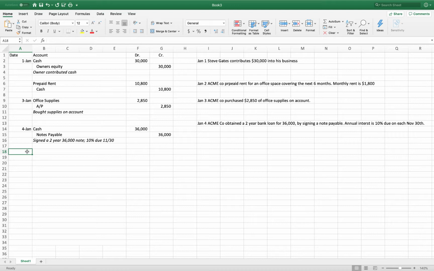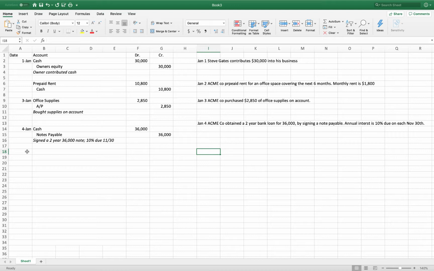So what's the next transaction that I could possibly have? Well, more often than not, there's always going to be a business that's going to buy assets, right? That asset could be equipment, it could be inventory, it could be supplies, it could be whatever, right? So almost always I'm going to see a transaction that's going to say something like, hey, the company purchased blank amount of equipment, or of office equipment, whatever.